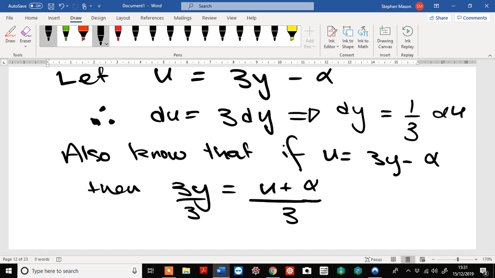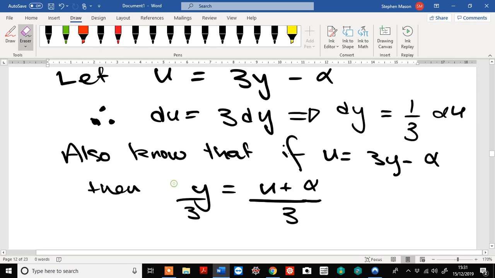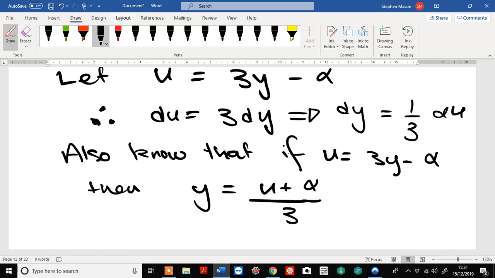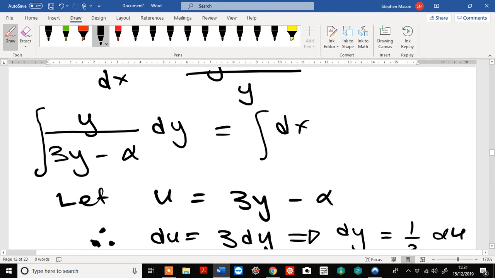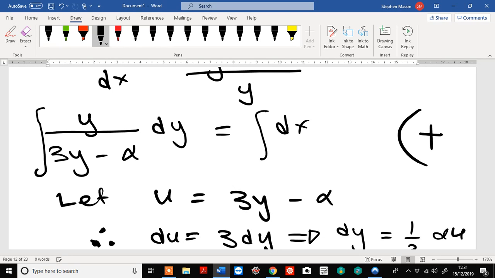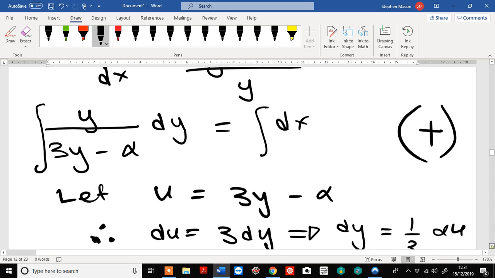So we'll just delete those 3's there, meaning that we can now substitute these variables into, I'll call this equation dagger.